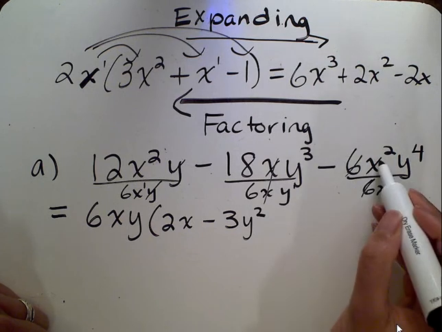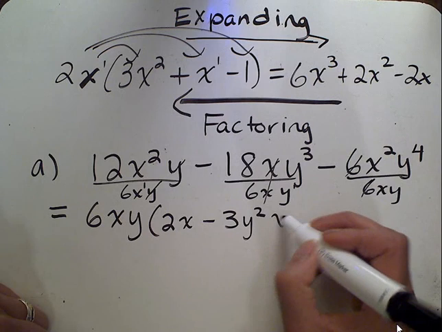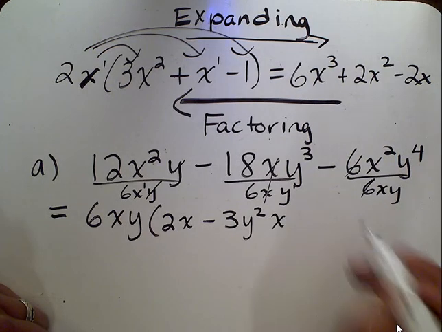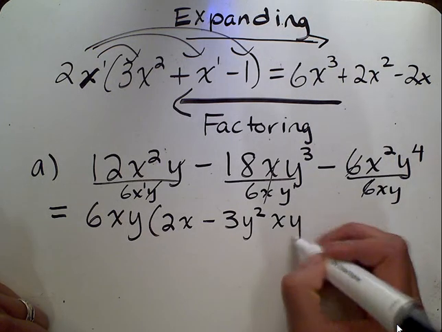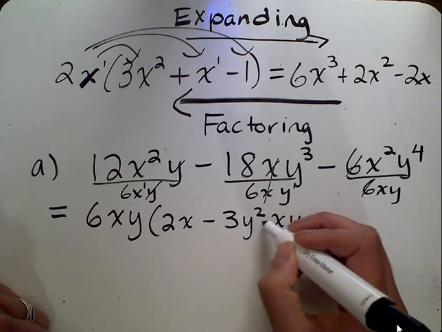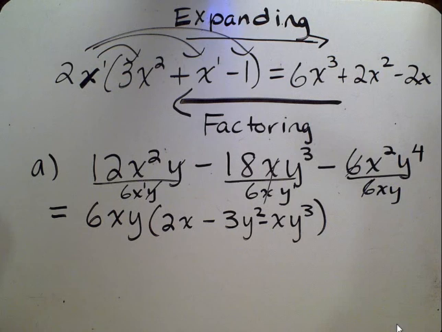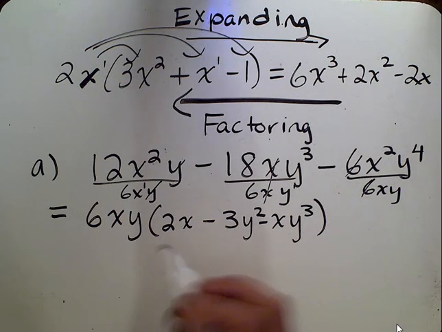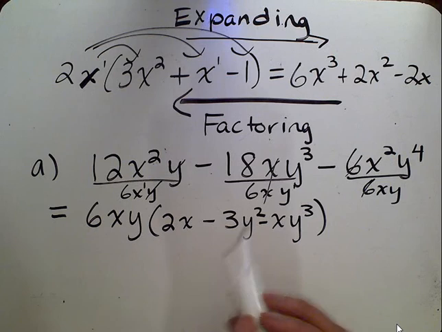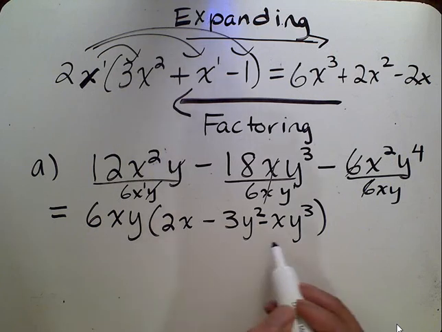X squared divided by x is x, and y to the fourth divided by y would be y cubed. Sorry, I'm missing my negative in front there. So when I common factor, I get 6xy times, in brackets, 2x minus 3y squared minus xy cubed.